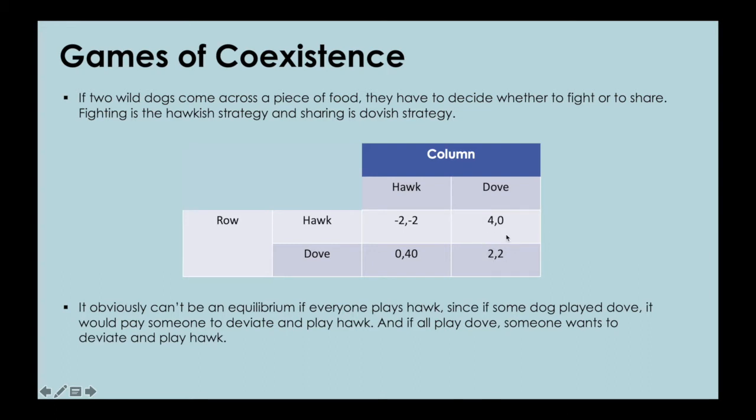And if one plays hawk and the other plays dove, the hawkish player will win everything. They will win everything, yeah? But if both play hawk, each dog will be seriously injured. As you can see here, -2.